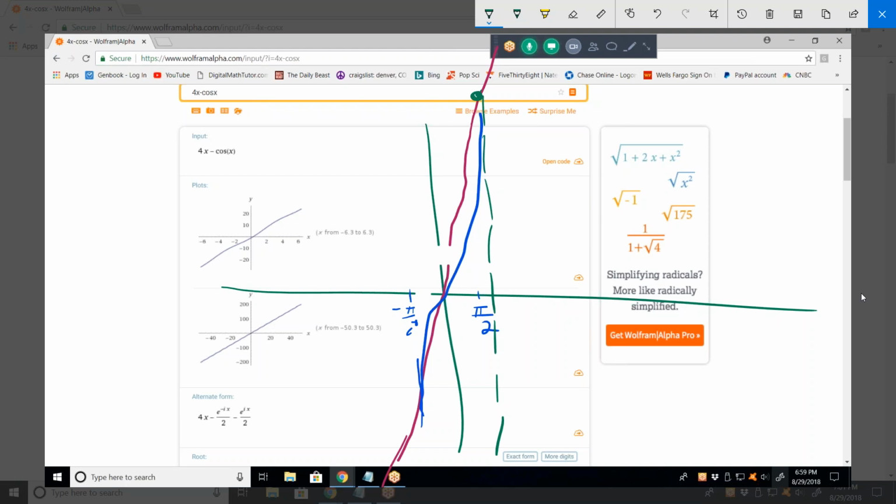Well, hold on. I'm going to do this the way that we're supposed to do it. I forgot to do that, which is to subtract the blue line from the red line.